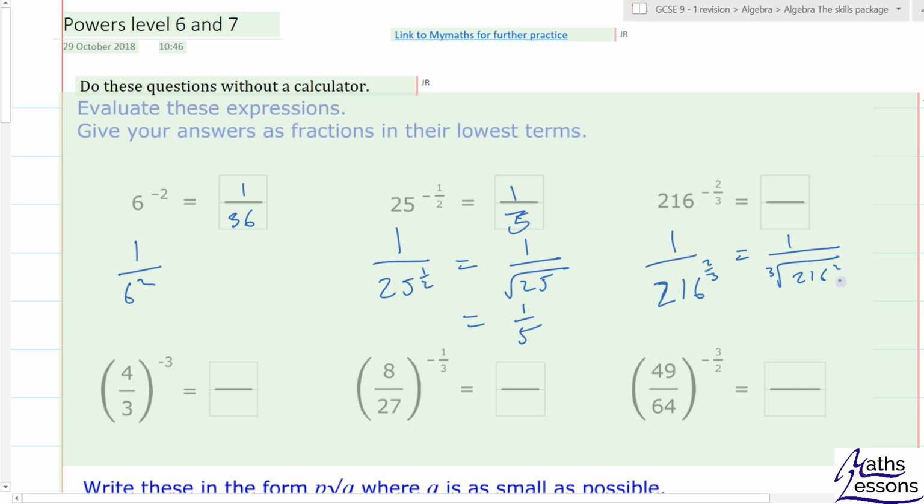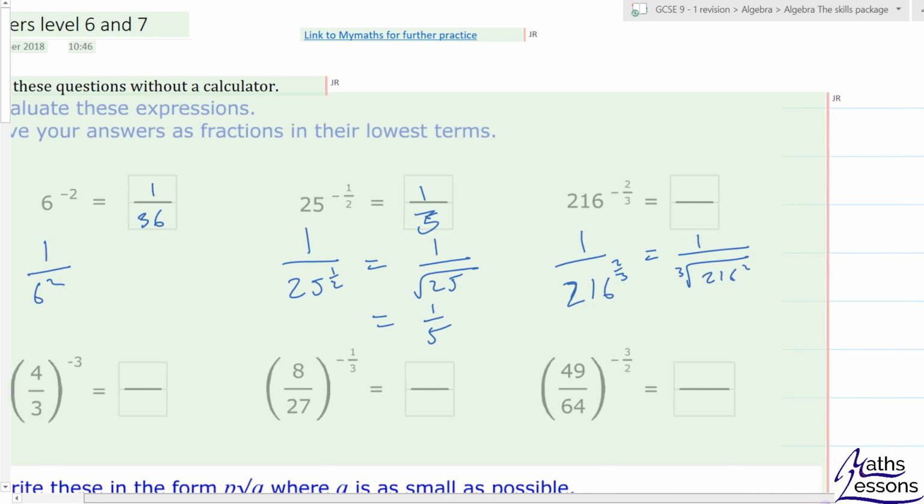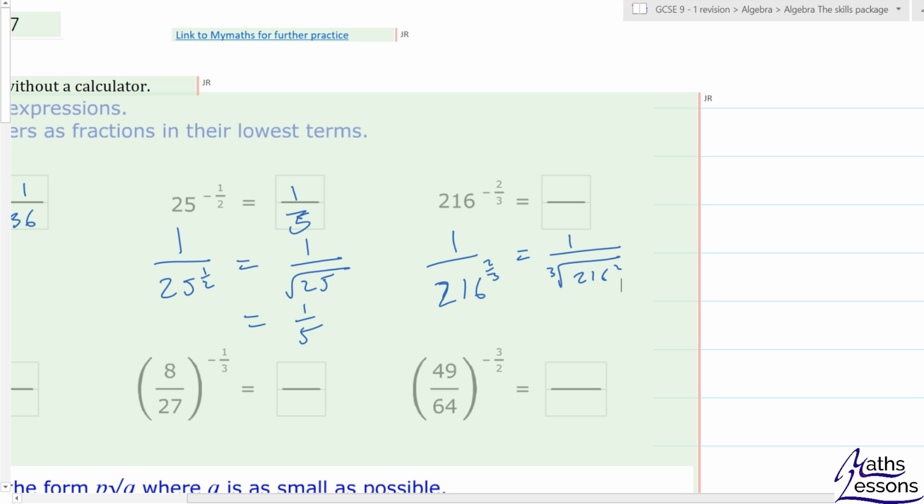We could do it that way, but that's actually going to make it a bit difficult because 216 squared is going to give you a very big number. It'd be much easier, and it doesn't matter which way around you do these, to actually do it as the cube root of 216, squared. So it doesn't matter if you cube root first or square first. Much easier to try and work out the cube root first.